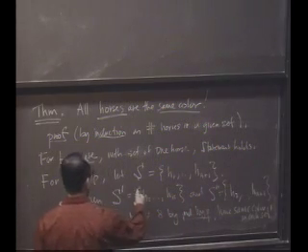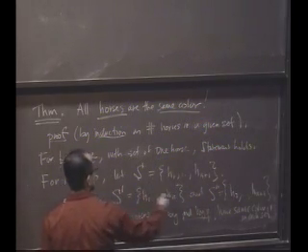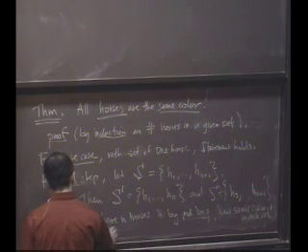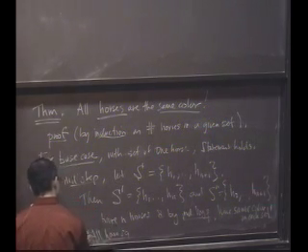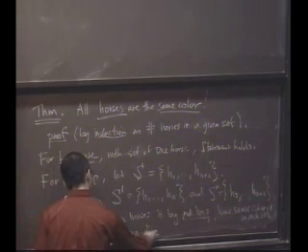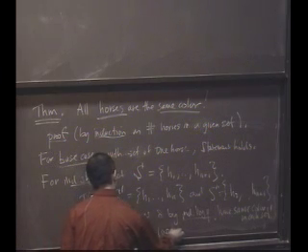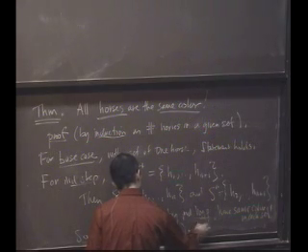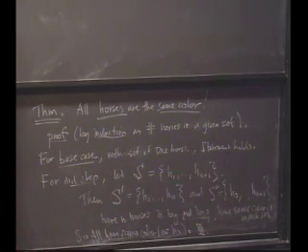And so all these have the same color as H2, and all these have the same color as H2. So all have the same color as, in particular, H2. Done, as desired. All horses have the same color. Great. We will see you next time.